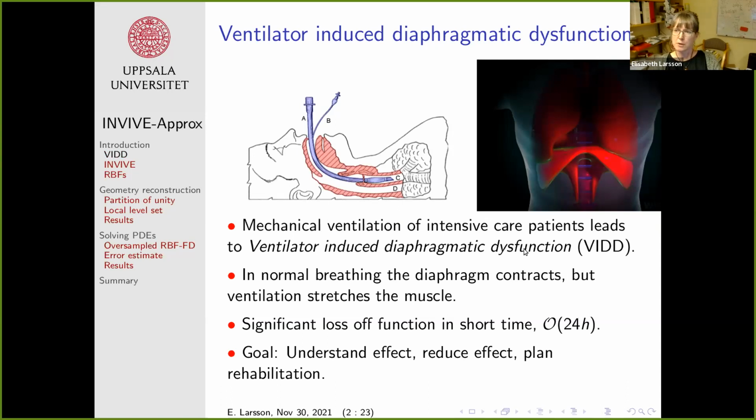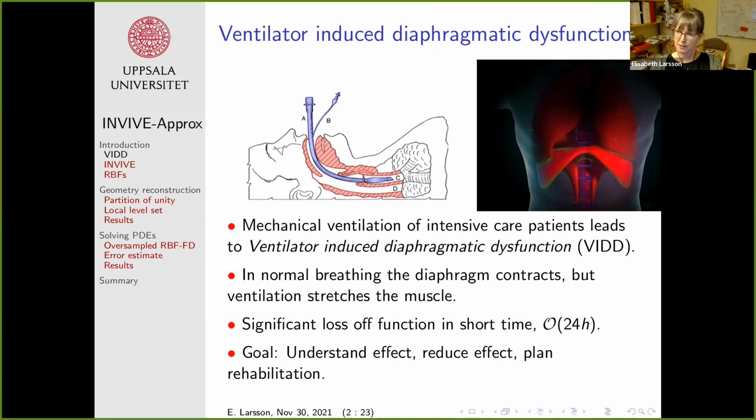The problem that has motivated this research is a condition called ventilator-induced diaphragmatic dysfunction, which of course many more people know about nowadays than before. But our medical colleague has been working on this for many years. What happens when you place an intensive care patient in a mechanical ventilator?